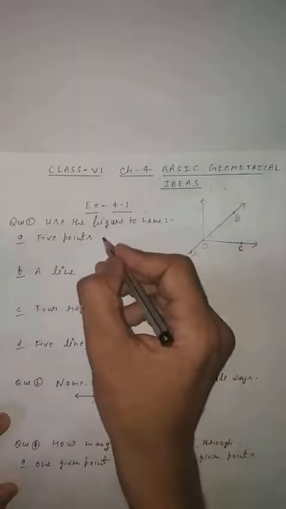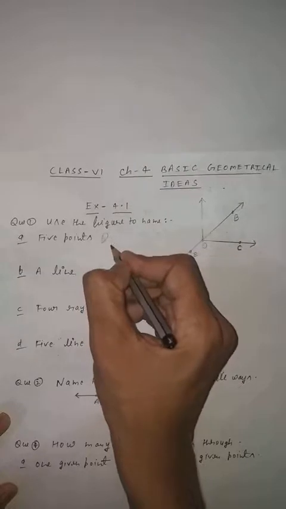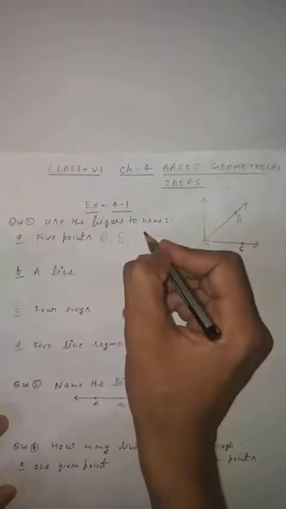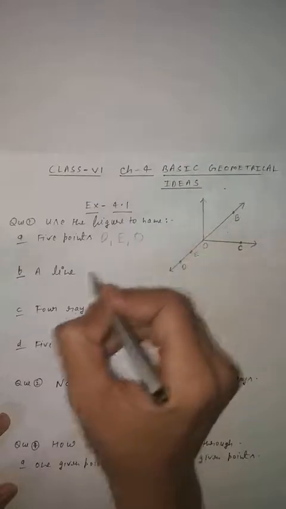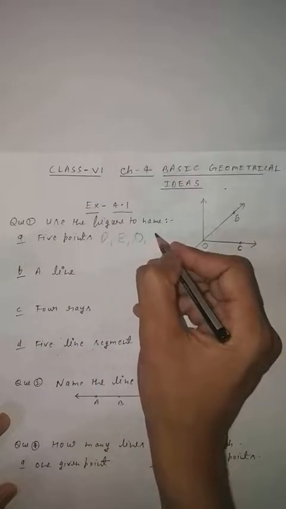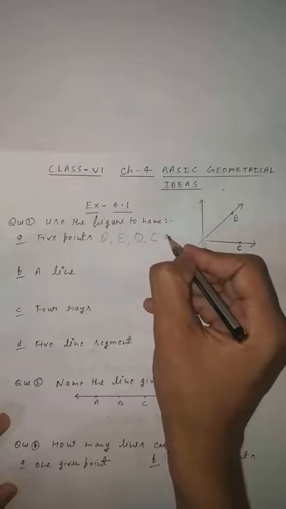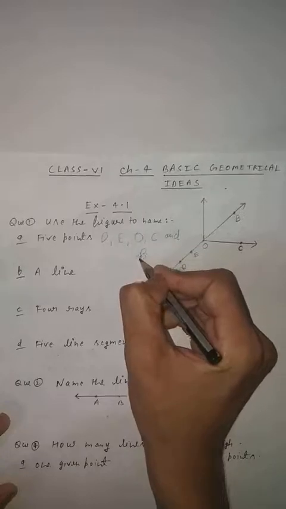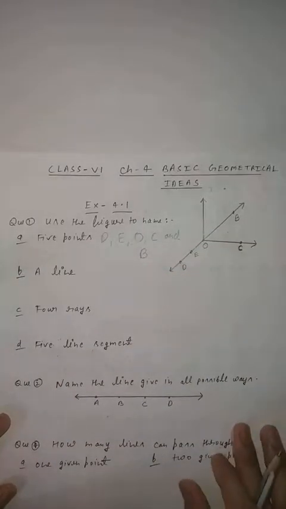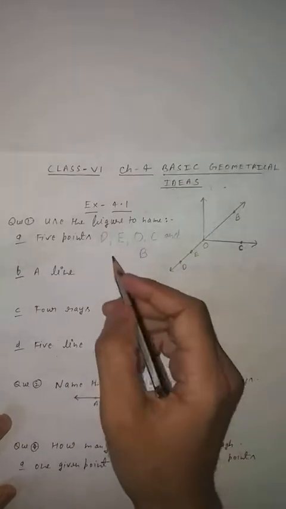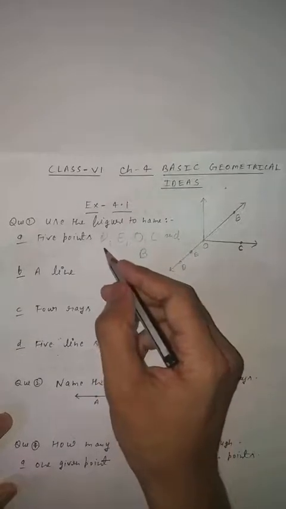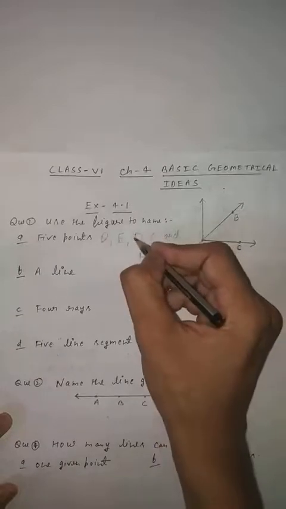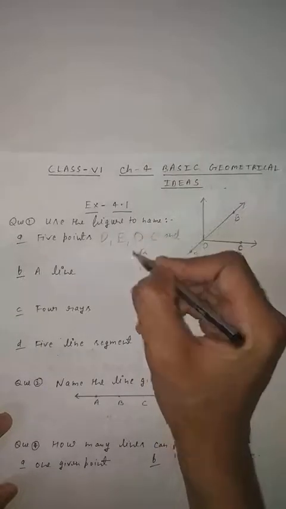So you can write down D, E, O, C and B. Clear students? They are your points. This is not necessary that you write D first. You can also write O, C, B first, anything you can write down. So they are your 5 points.